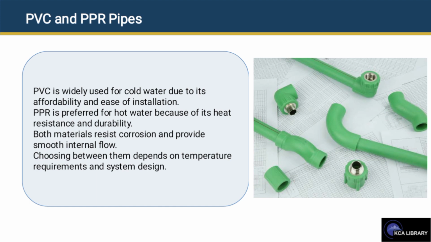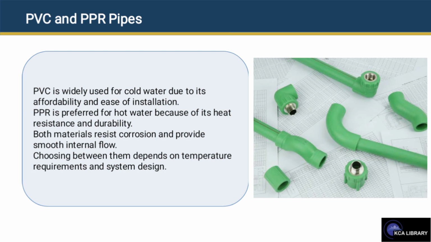Let's look at both of them together, PVC and PPR pipes. So this is a PVC pipe, the longer one. And that's a PPR pipe, the ones that have nuts in them. PVC is widely used for cold water due to its affordability and ease of installation.